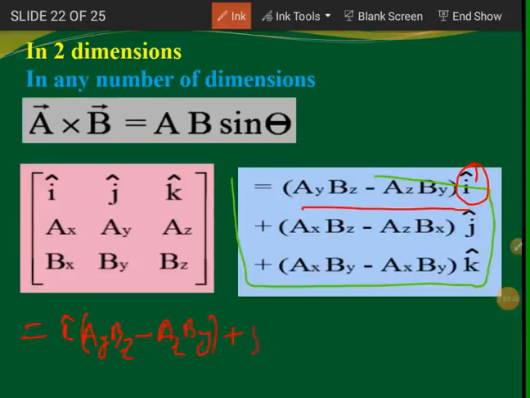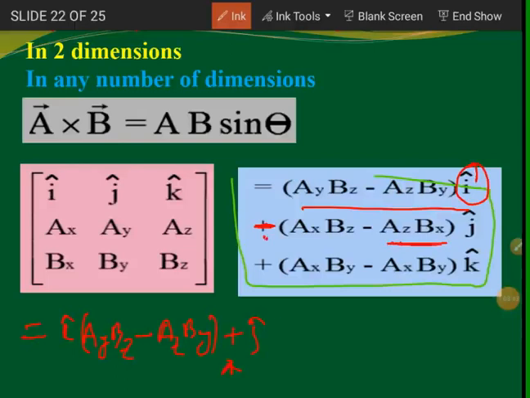Next is what? Plus J cap, and then you write this first, as I'm going to write it here, plus. I told you that this should be minus, but it was a mistake while typing. This will be plus. Now instead of minus, I'm just writing plus. If it is plus, then this should be written first.